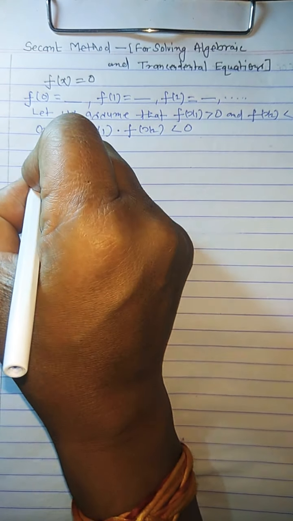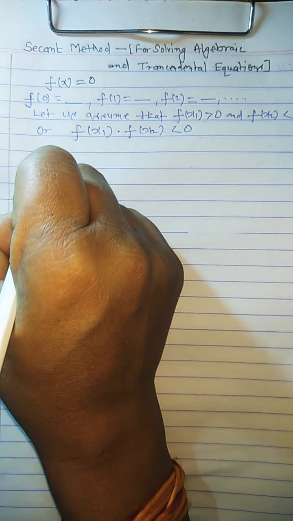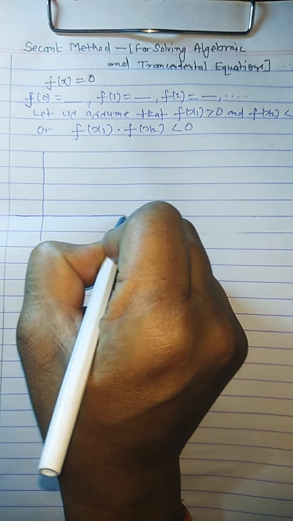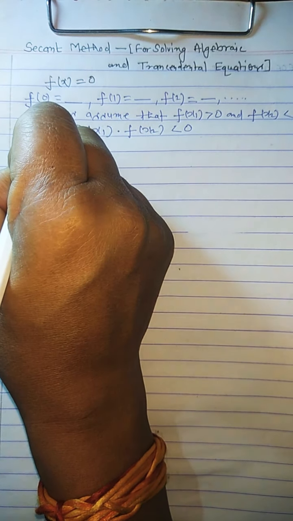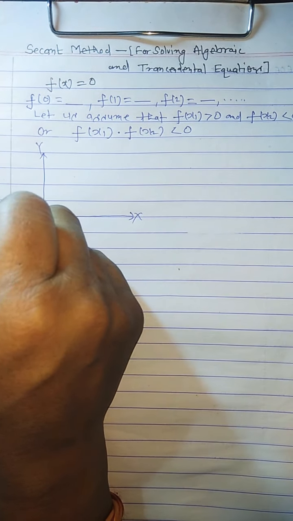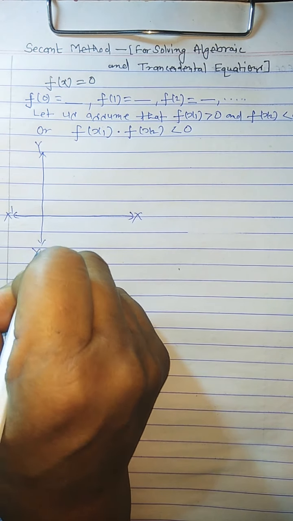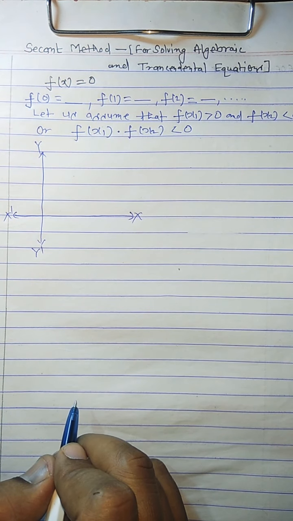Geometrically, this is how the secant method works. Suppose this is the x-axis, this is the y-axis, this is x dash, and this is y dash.